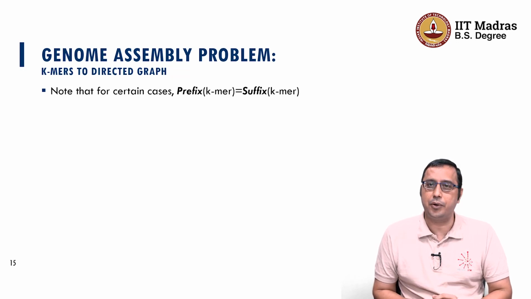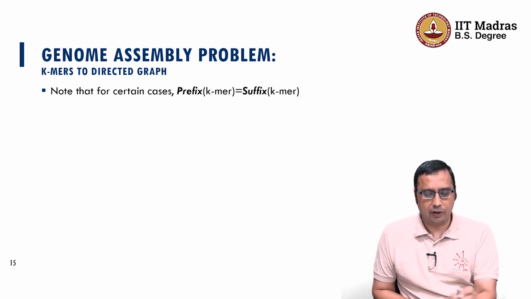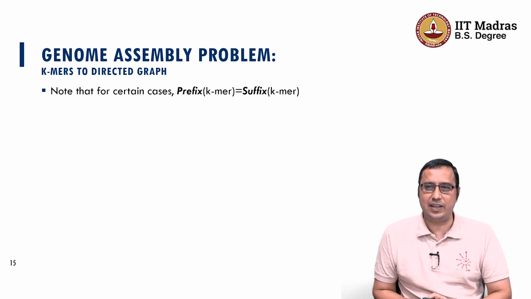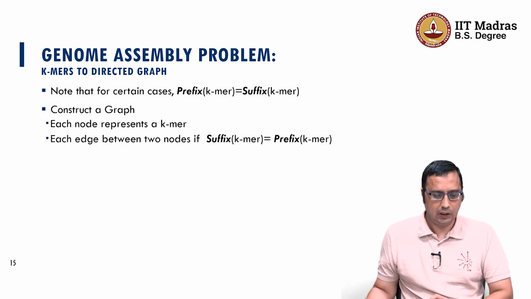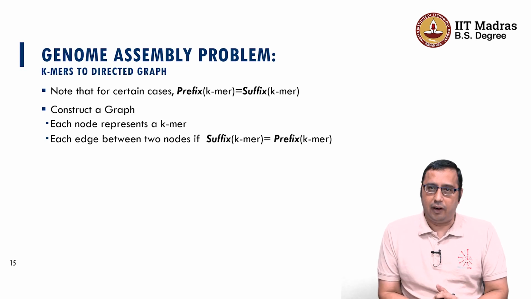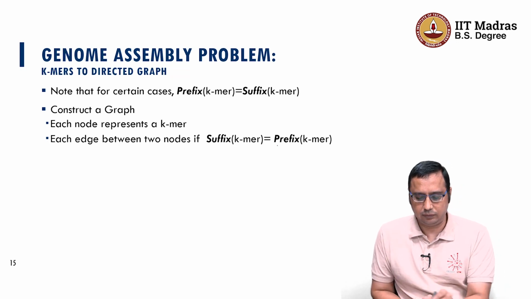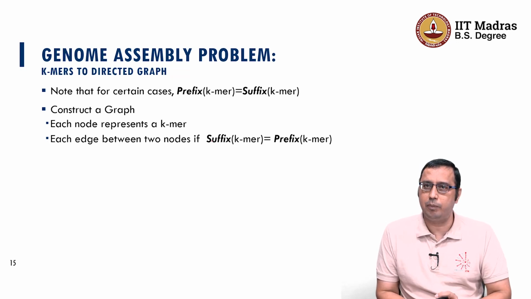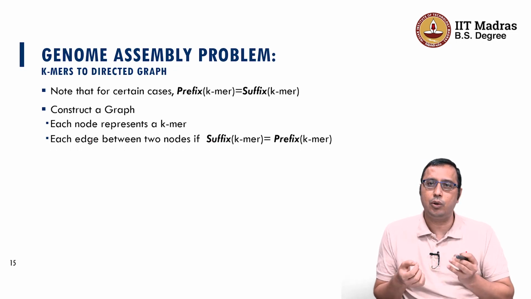As I told you, in certain cases the prefix of one k-mer is equal to the suffix of another. So can we construct a directed graph where each node represents a k-mer, and if the suffix of one k-mer is equal to the prefix of another, we put an edge between those two nodes?